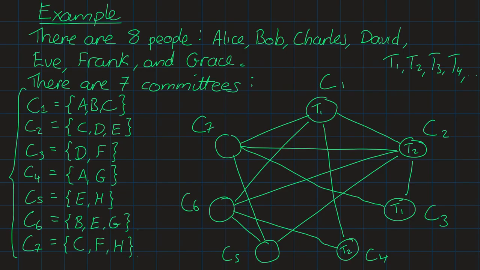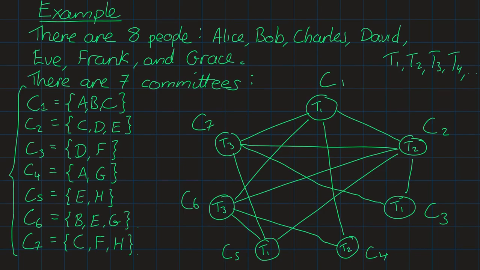C5, I will color this T1 again. C6, I can't color it T1 or T2, I'll color it T3. And finally C7, I can color this T3. Okay.